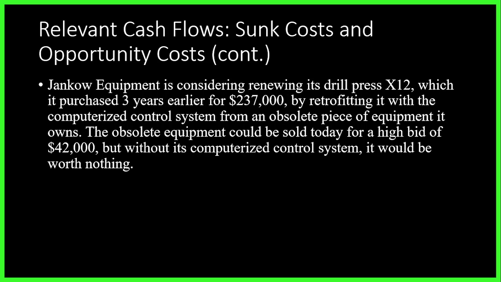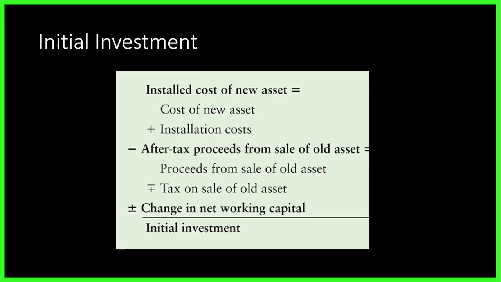Pero kung wala, hindi kasama yung computerized system or kung hindi mo siya ibebenta, then wala kang 42,000. So, pwede nating iwasan tong 42,000, therefore it's relevant. Since it's a benefit that could be foregone, ayan, it is considered as an opportunity cost.